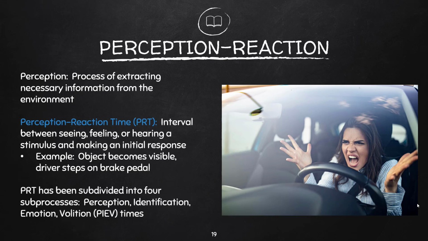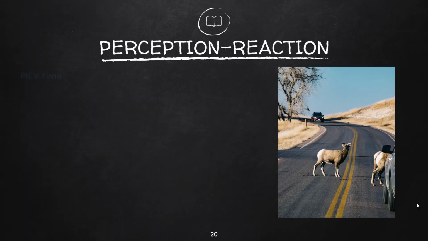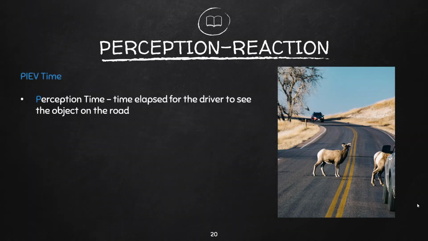PRT has been subdivided into four sub-processes, also known as PIEV times. That is perception time, identification time, emotion time, and volition time. We'll go over this on the next slides. And we'll start with perception time. Perception time is the time elapsed for the driver to see the object on the road.